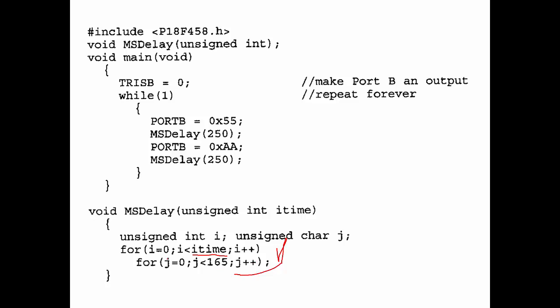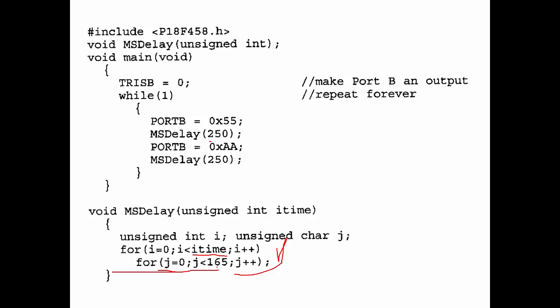So how will it run? The first loop runs for i equal to 0 and i less than itime, which means my delay comes here as 250. So the value 250 comes into itime, and the condition is true. Now it gets into the for loop j equal to 0 and j less than 165, the condition is true and it will increment j.